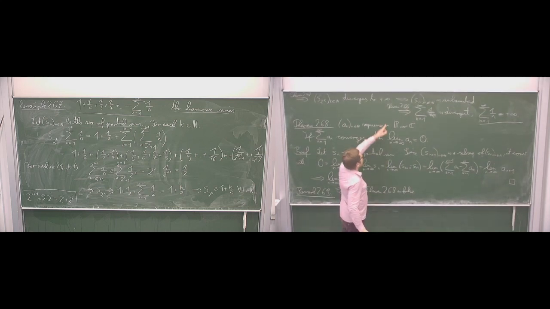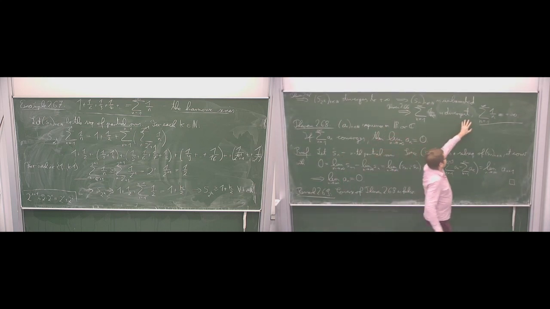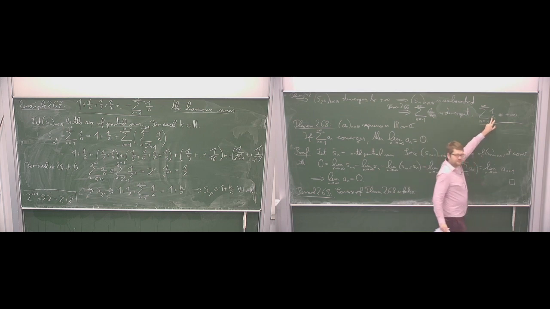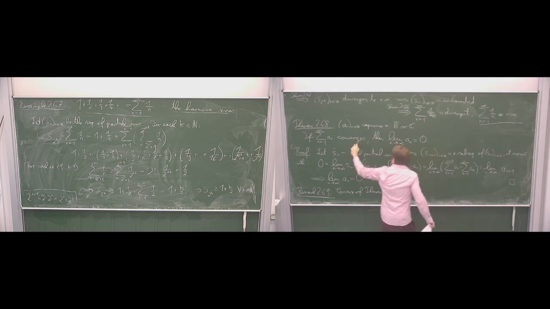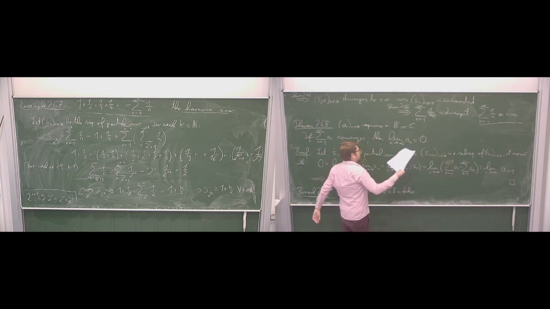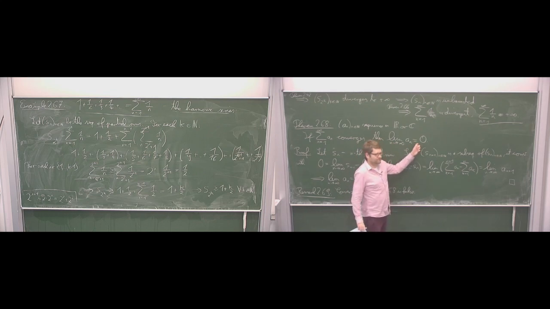And the example is right here on top. For this harmonic series, the sequence 1 over n clearly goes to 0, but the whole sum goes to infinity. So this is a counterexample for the other implication. It is necessary that this holds, but it's not sufficient. It does not imply convergence here.